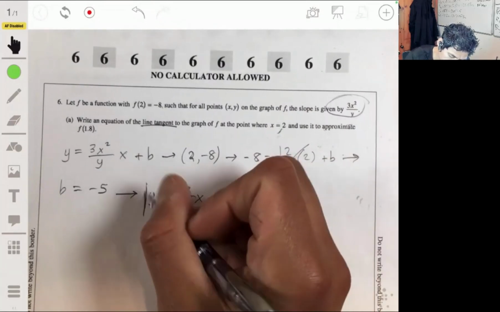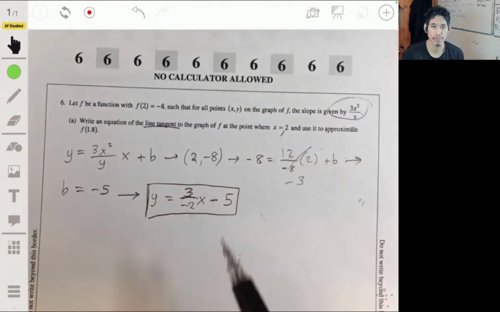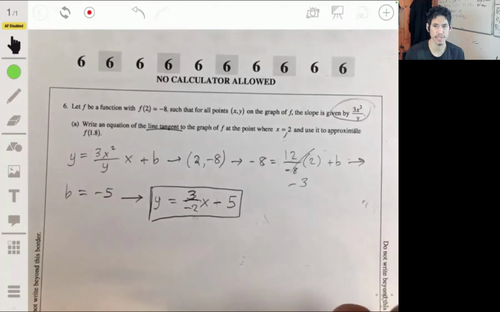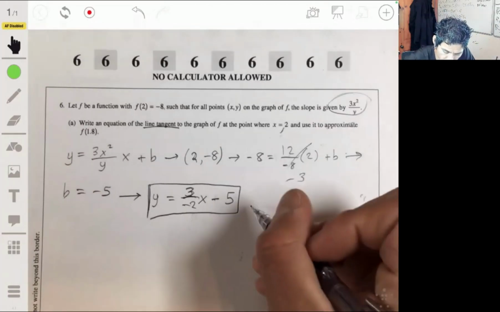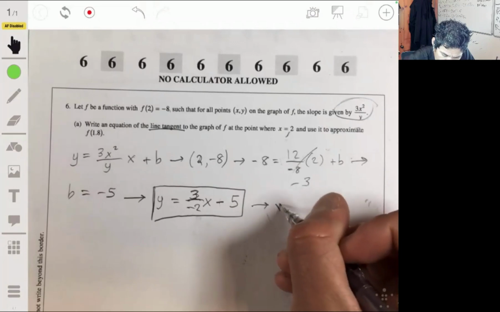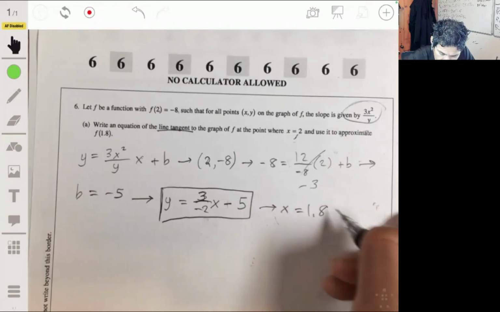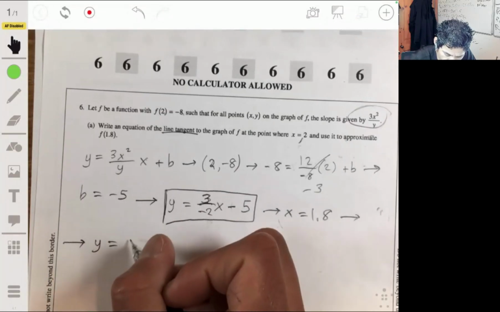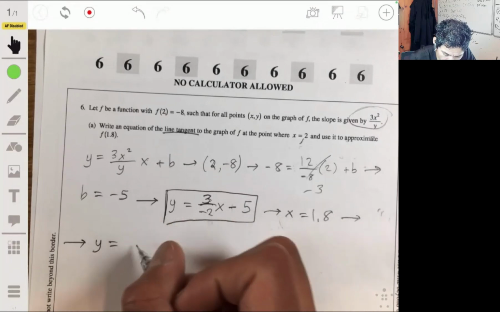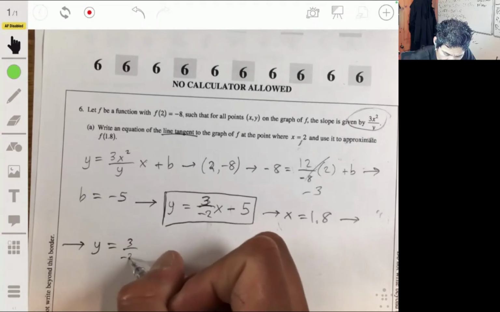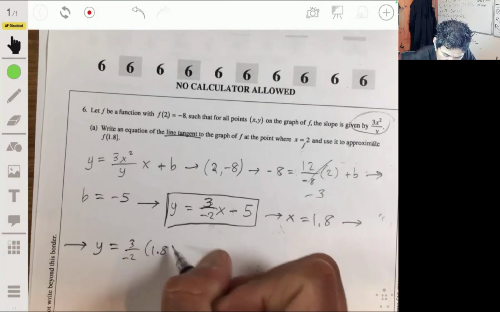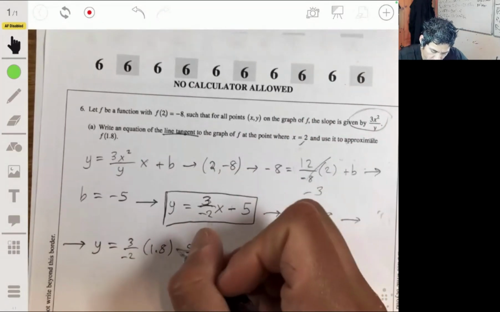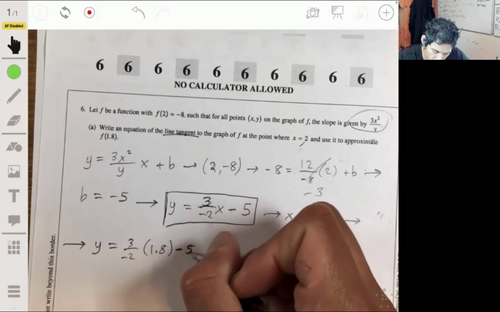Okay, so here's our equation. And to use it, you simply plug in the 1.8 for x and then evaluate. So we're going to evaluate it for x equals 1.8. So we'll have -3/2 times 1.8 minus 5.